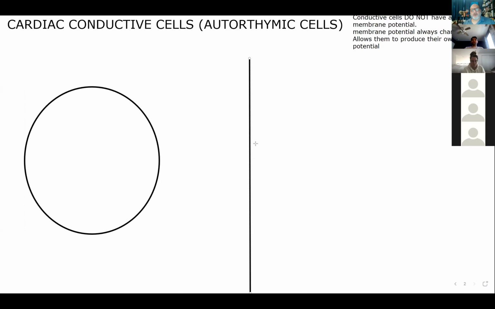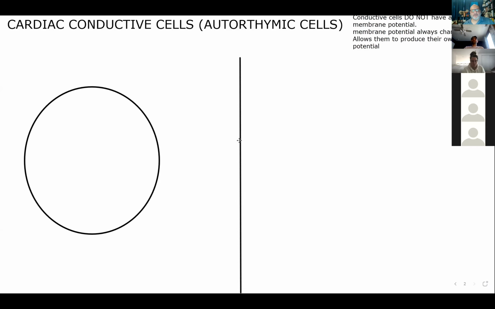Now, notice with our graph, we don't have a resting membrane potential. So we can't have a line for that. But let's talk about one of these things, we'll use purple.